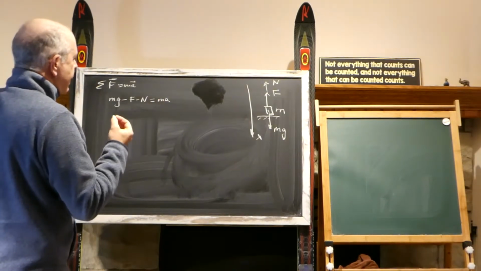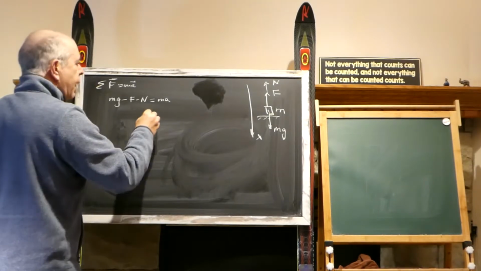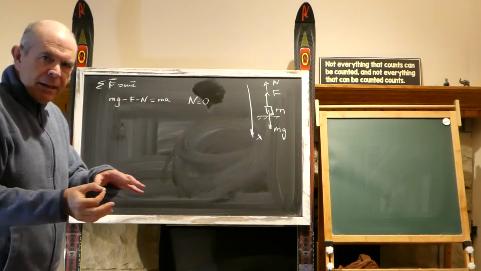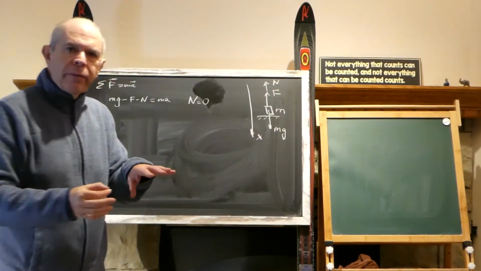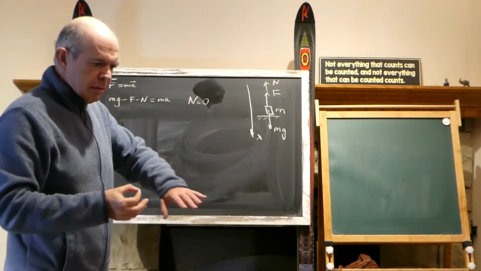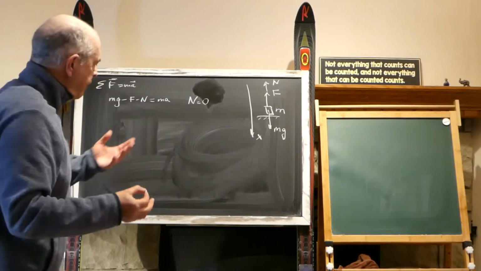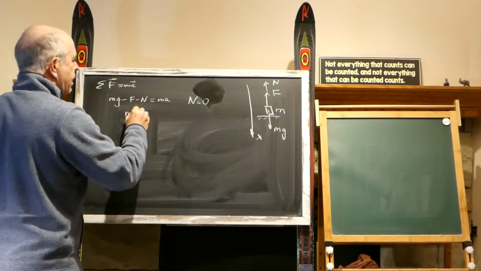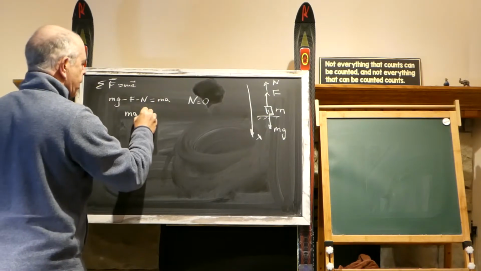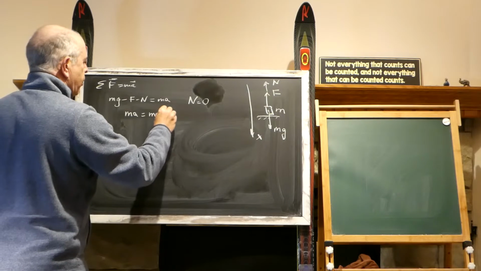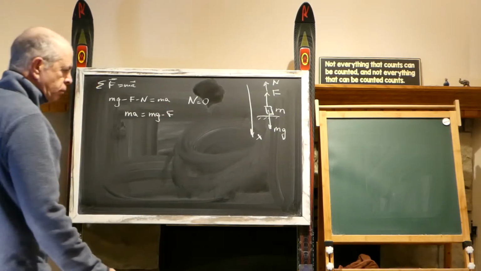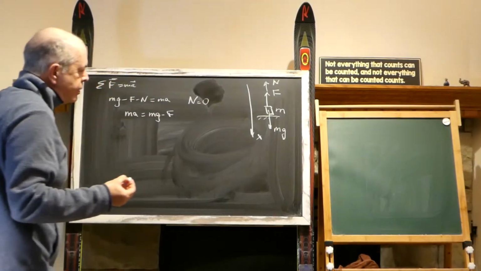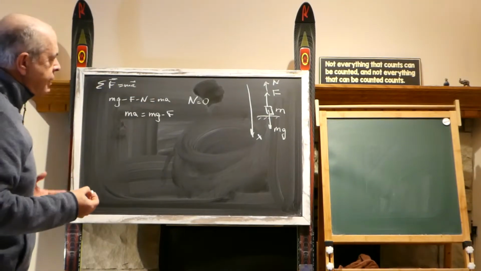We can say that our goal is when N equals 0. N equals 0 means that we disconnected from the snow and we can initiate the turn. Snow doesn't affect us at all, and that actually means that MA, I put it this way, equals mg minus F, right?